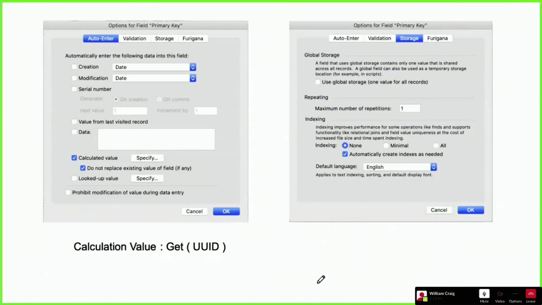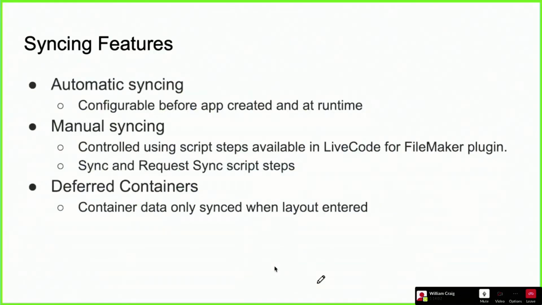So, this was just a brief diagram to show a primary key where you'd have to set the settings. Fairly self-explanatory there. So to get into syncing features, as I'd mentioned earlier, the two main options are to automatically sync with the options set in the tool before.